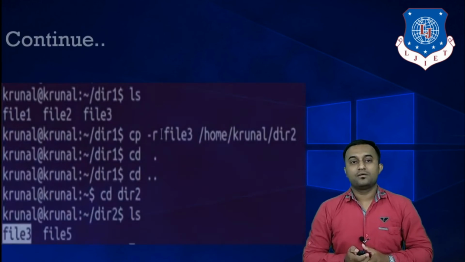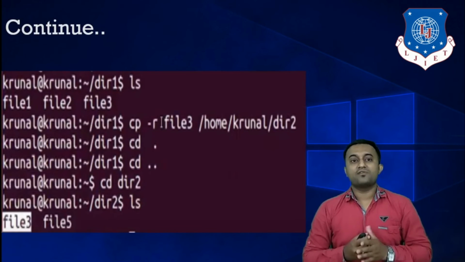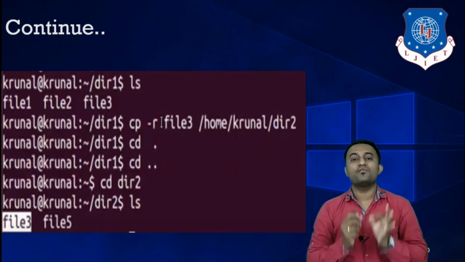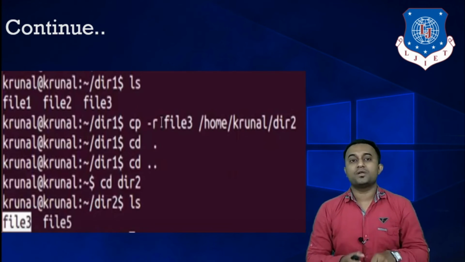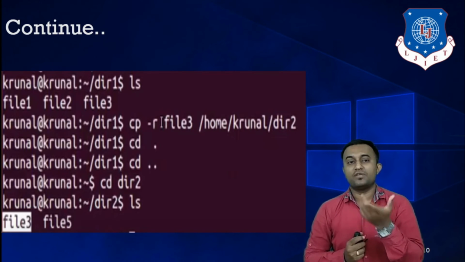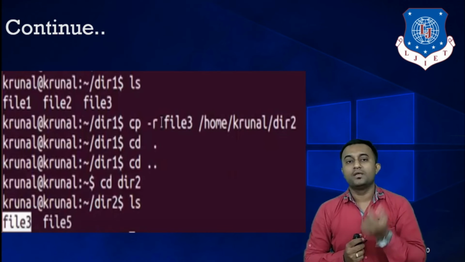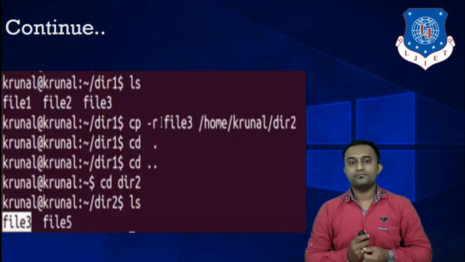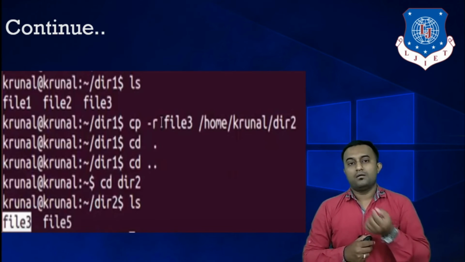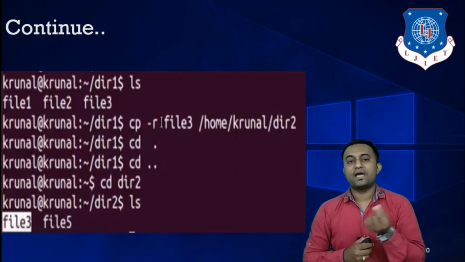Okay, next, one more option we have. Suppose you want to do the copy paste operation. Earlier we have seen the copy paste operation within the same directory. Now if I want to do a copy paste operation across two different directories, what I need to do is, again we have three files, file 1, 2 and 3, cp -r. The -r is nothing but the recursive option we have. So cp -r, then file 3.